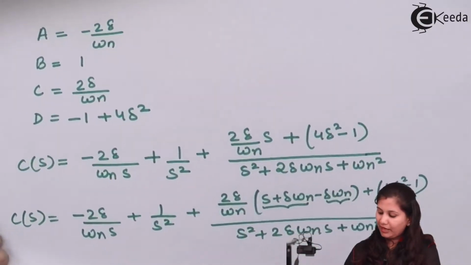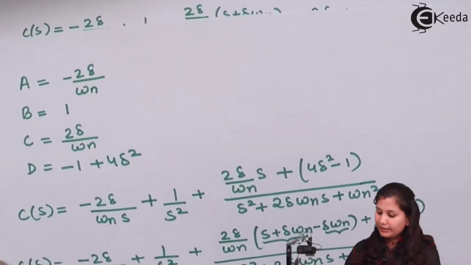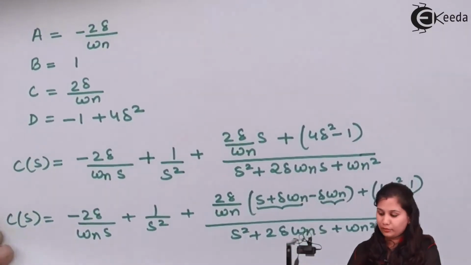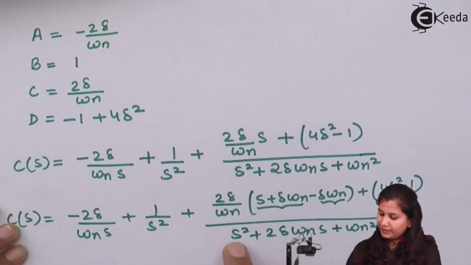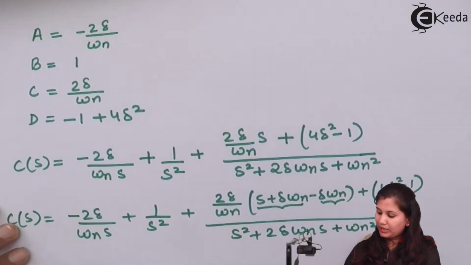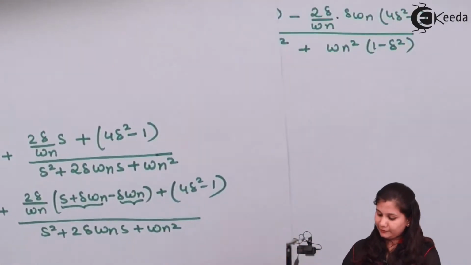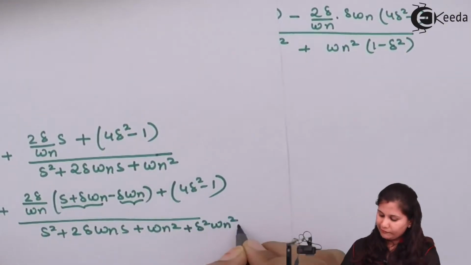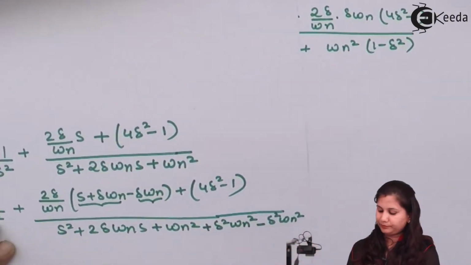Here also we have added and subtracted del omega n. So del omega n, if we write here, it will form the formula (s plus del omega n) whole square, and omega n square, if we write here, we can add del square omega n square and we can subtract del square omega n square.